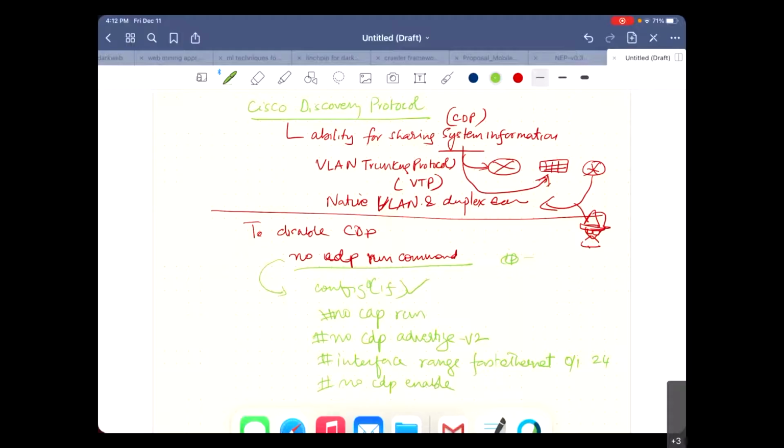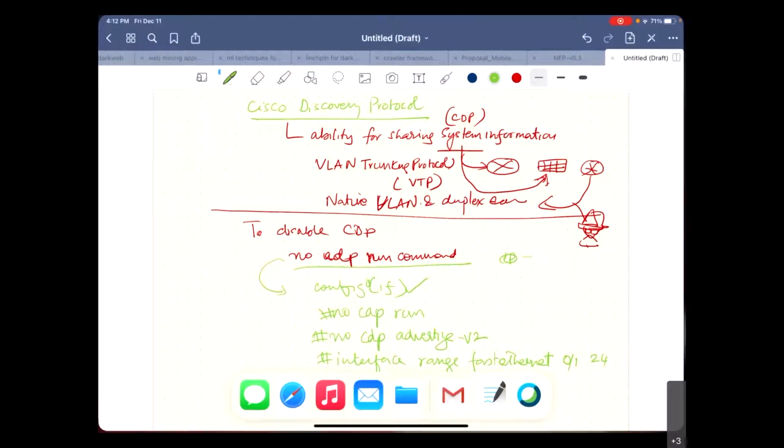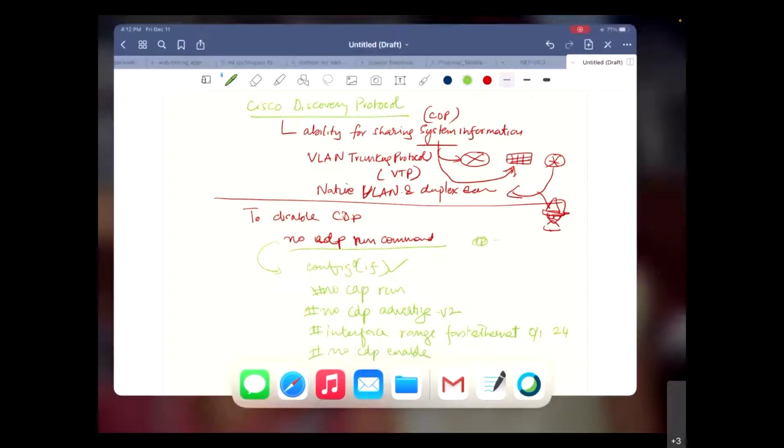Similarly, if you want to disable it with VLANs also, you can write no cdp run, interface, config-if, interface VLAN.